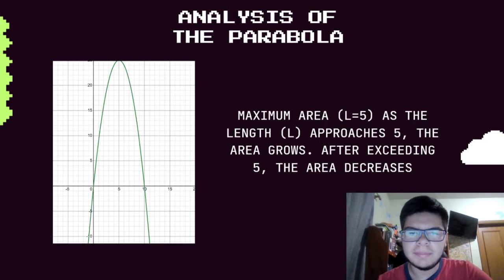Now, in the analysis of the parabola, we can see the maximum area is at L equals 5. As the length approaches 5, the area grows, and after exceeding 5, the area decreases.